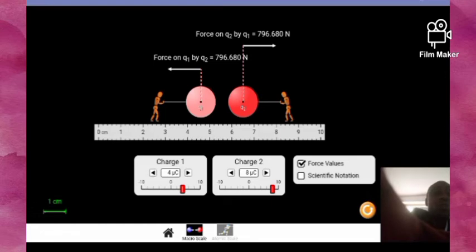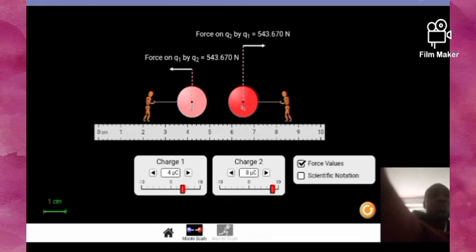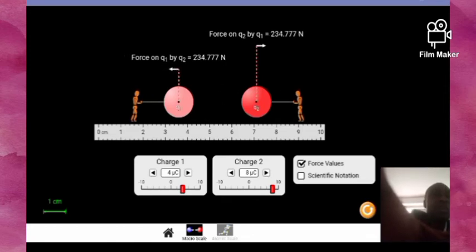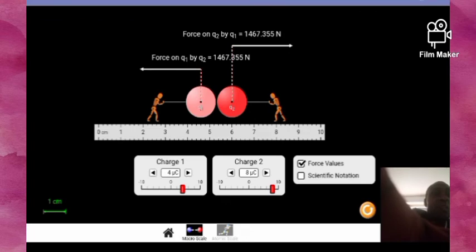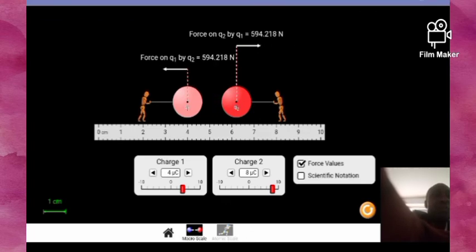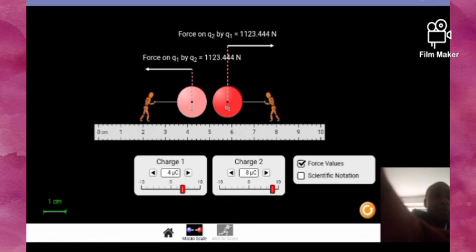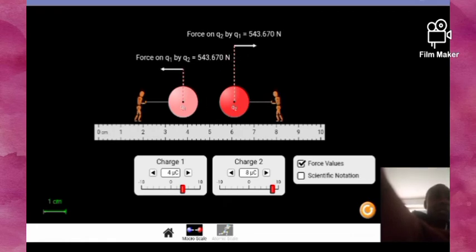The force on charge Q2 points to the right, meaning that it is being repelled, and the force on Q1 points to the left, meaning that it is also being repelled. The magnitude of the forces is exactly the same. You can see that when they are closer, the magnitude increases again. Now they are of the same sign, positive, 4 microcoulombs and 8 microcoulombs.